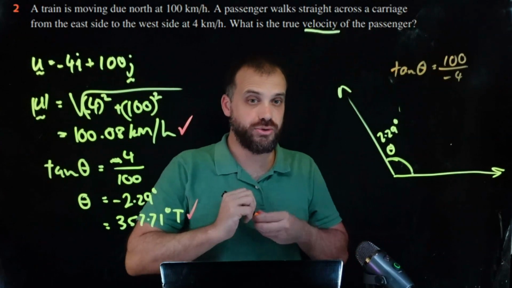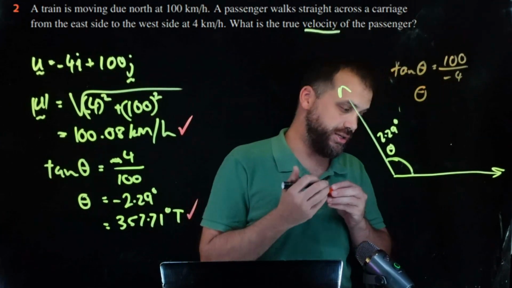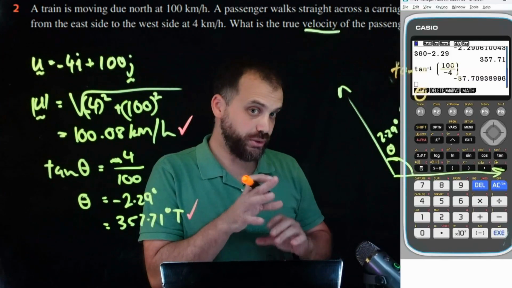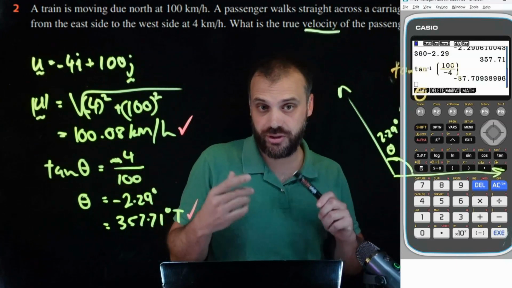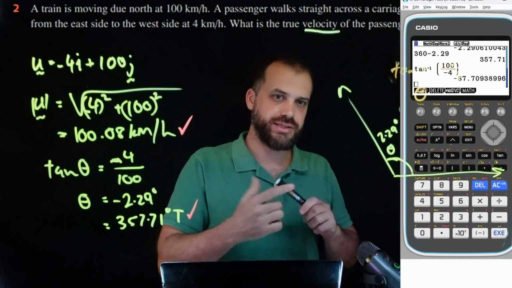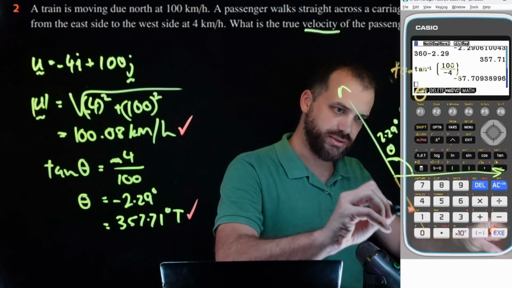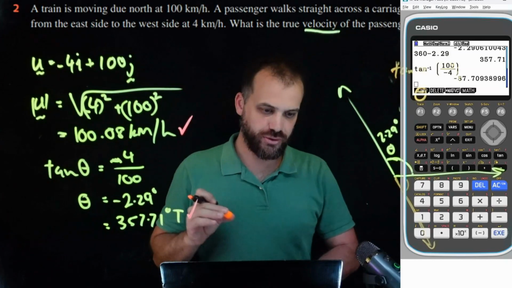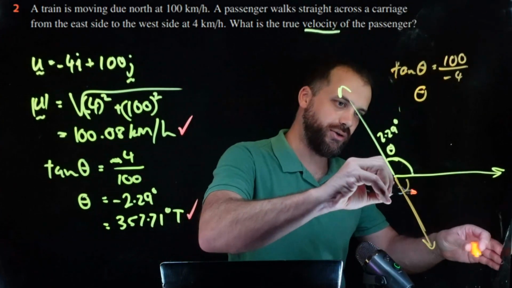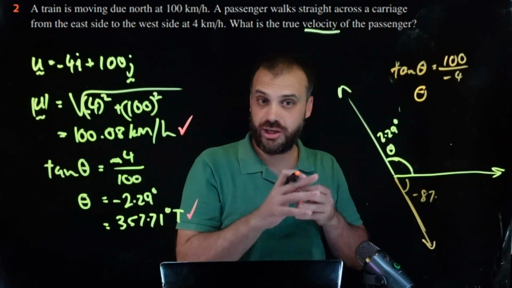Now, when you've come up with that answer, what's that when we put that into our calculator? Unfortunately, when we do that, we get an answer of negative 87.70. So what's an angle of negative 87.70? That's like down here. So that does not feel helpful at all because you've still got to consider a unit circle.